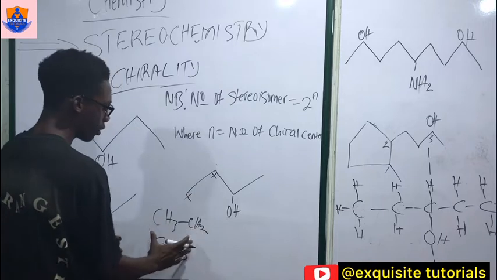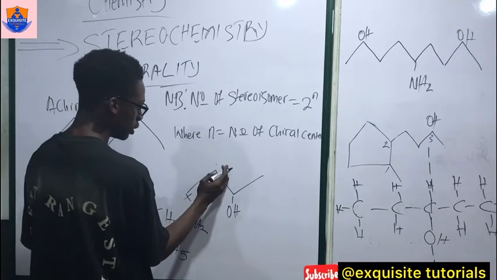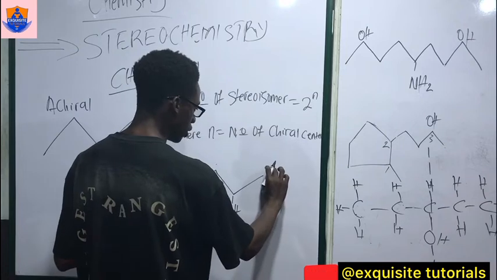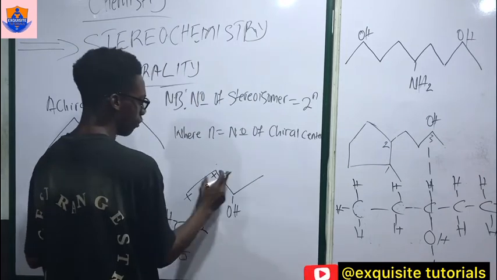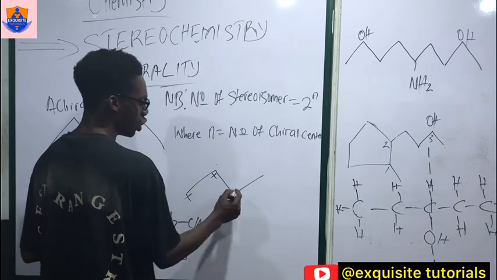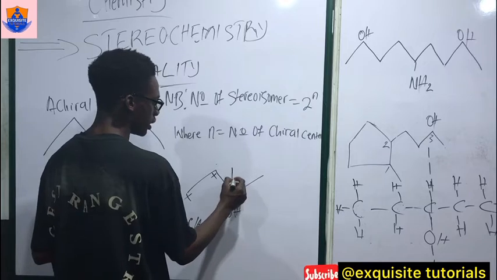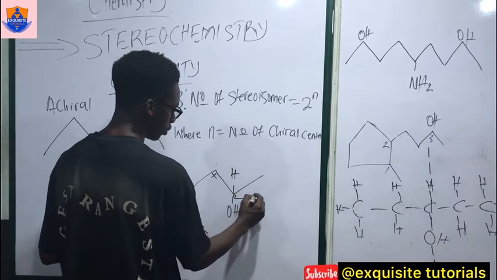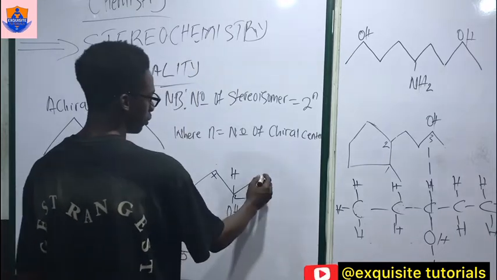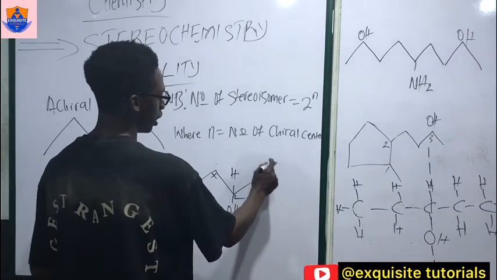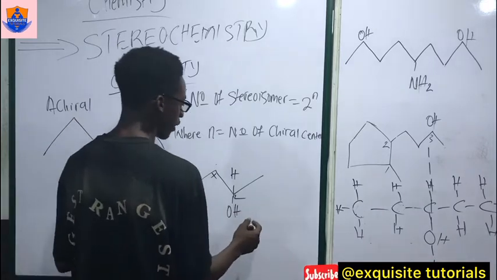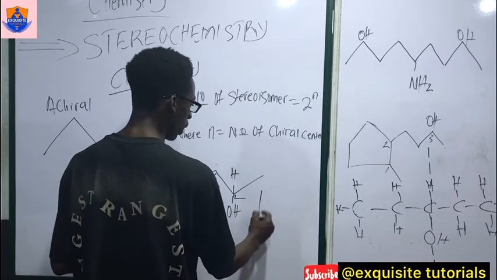This is from the alkyl group. So this is bonding to a CH3. This CH3 is from the C2H5 we have here, and also it is bonding to a hydrogen. So this carbon is a chiral carbon. This last carbon here is bonding to a hydrogen, hydrogen and hydrogen, so it is not chiral. So we have the number of chiral centers to be 1.